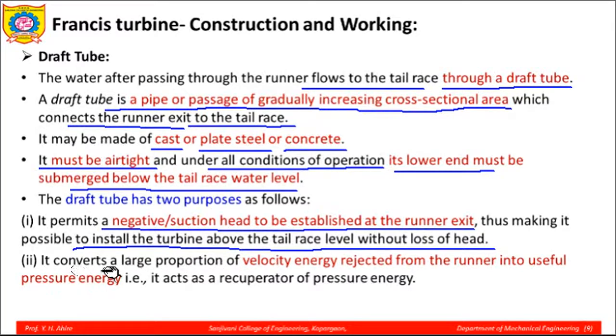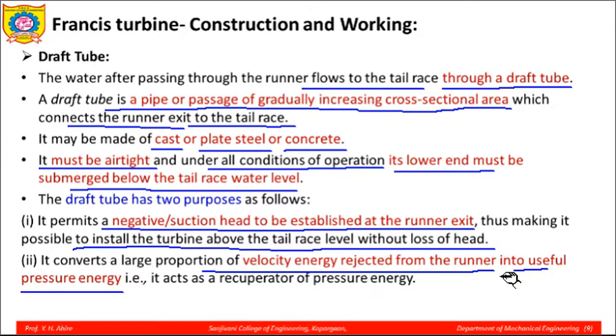Second function is it converts a large proportion of the velocity energy which is rejected from the runner into useful pressure energy, right? The water exiting the runner has a very high kinetic energy.